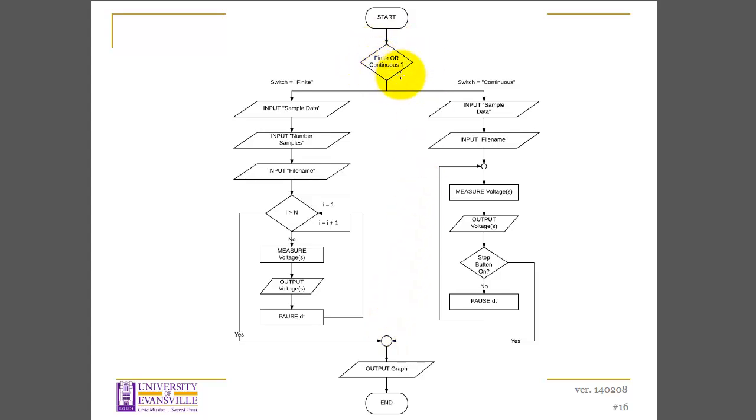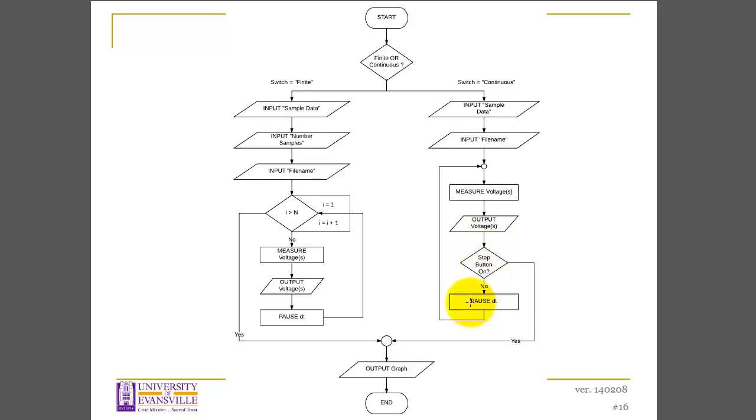If you instead chose to do a continuous data collection, so you switched to continuous, then you had sample data input, the file name as well. You then went into a while loop where you measured the voltage, outputted it on a chart graph. You checked to see if the stop button had been pressed.